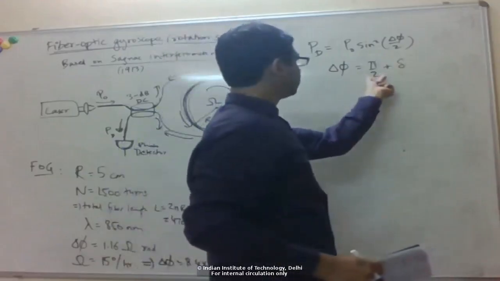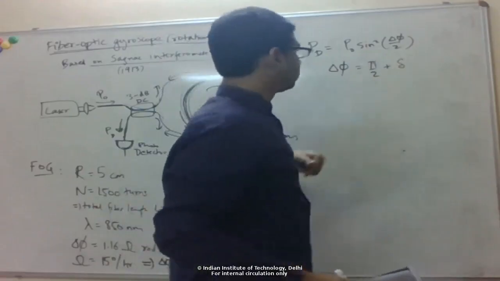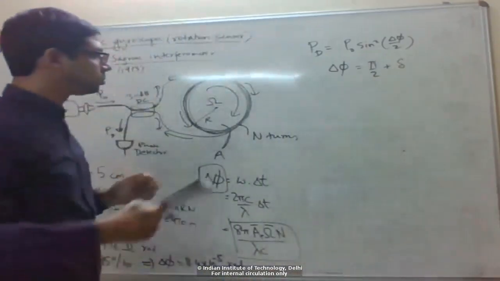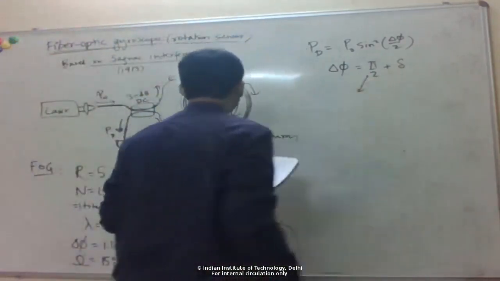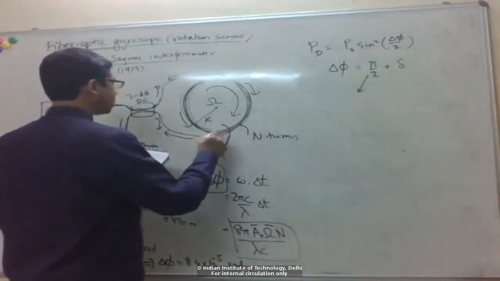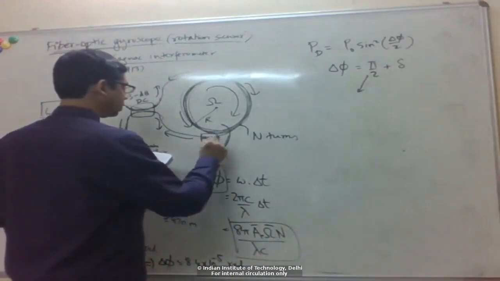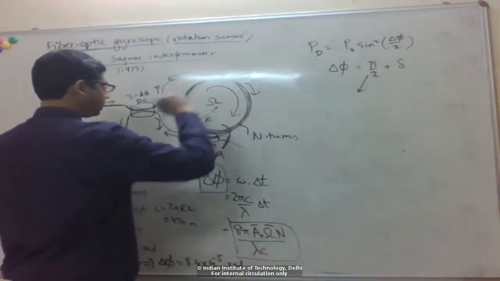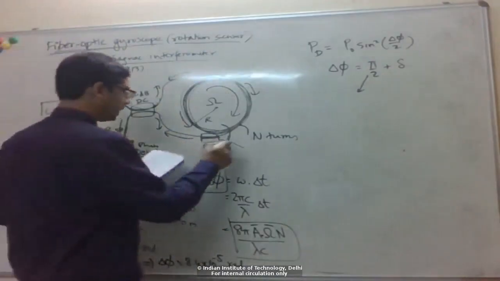So have a fixed phase difference of pi by 2, and then the extra phase shift will be due to the external rotation, right? This fixed pi by 2 phase shift can be done, for example, by inserting a phase modulator in one of the paths.